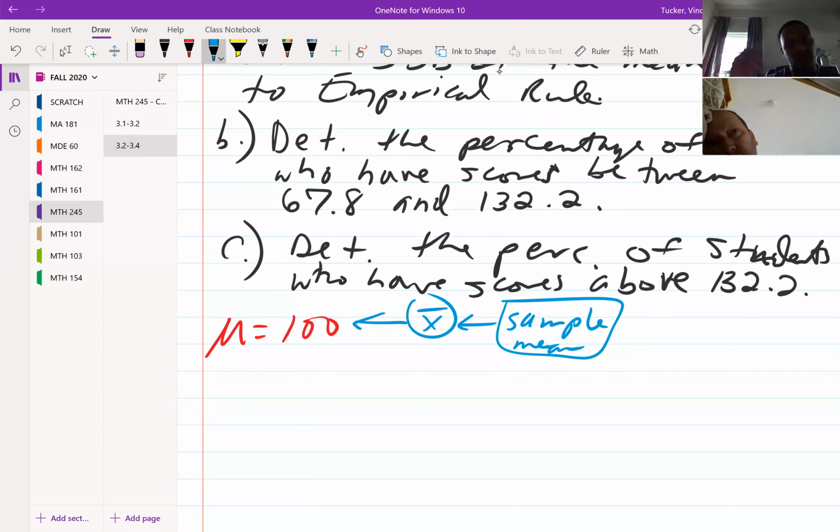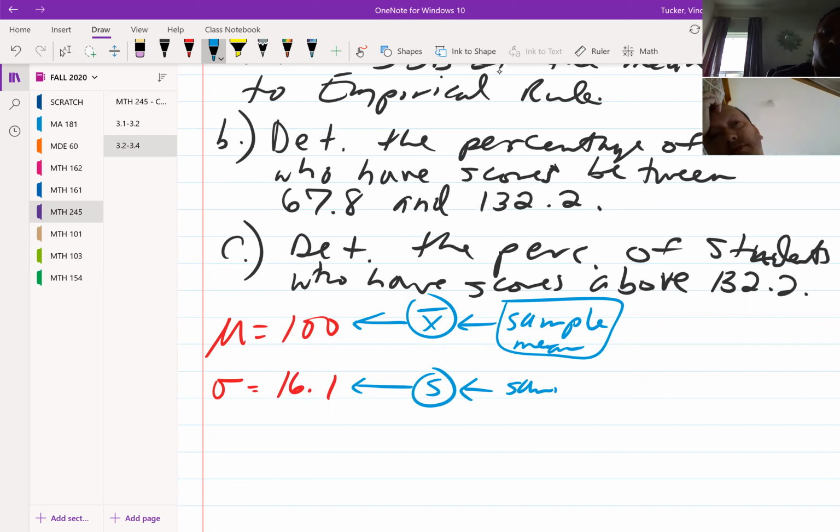So we could use mu or use X bar either way. And then here, standard deviation 16.1. But if we were looking at sample standard deviation, we use S. So depending on the context, your symbols could be mu or X bar, or for your standard deviation, it could be sigma or S. So this is for population.